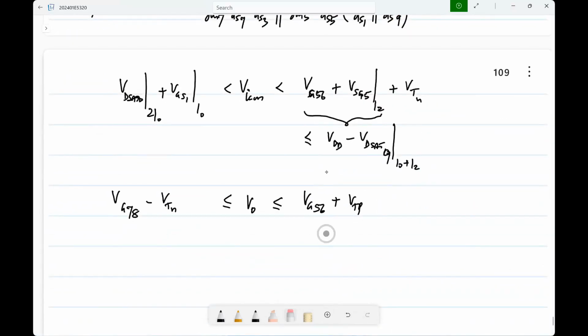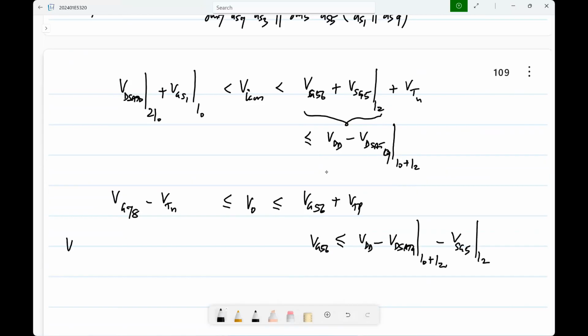So, VG56 itself should be less than VDD minus VD-SAT9 at a current of I0 plus I2 minus VSG5 at a current of I2.